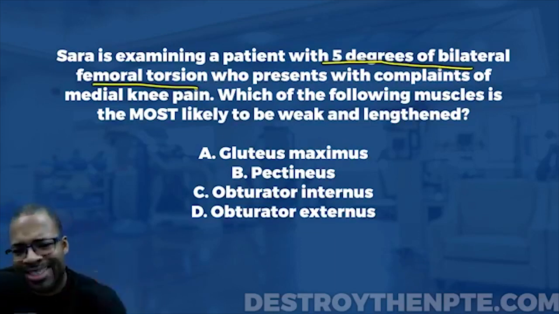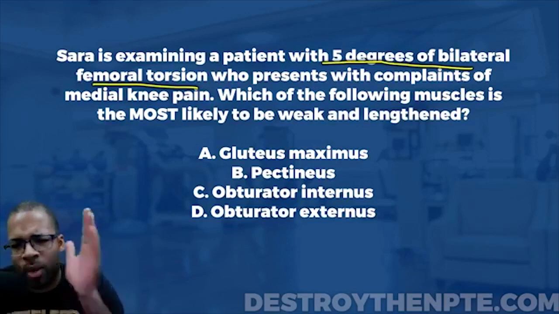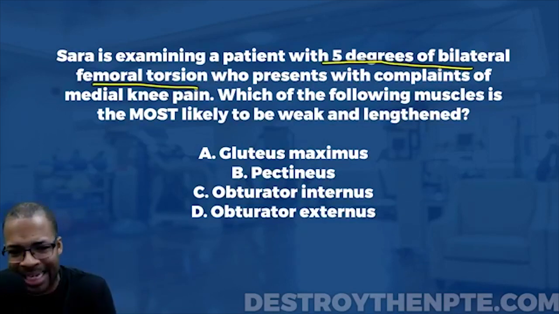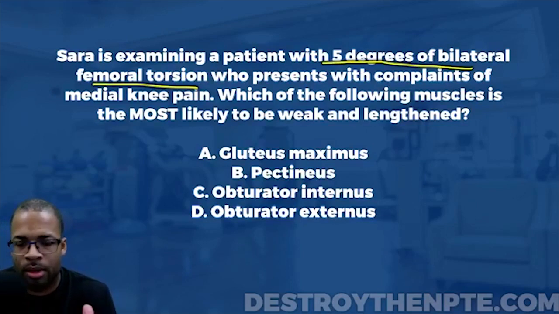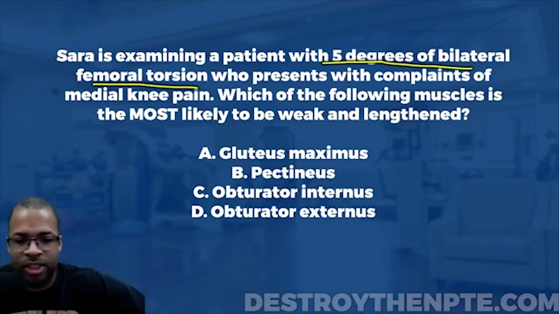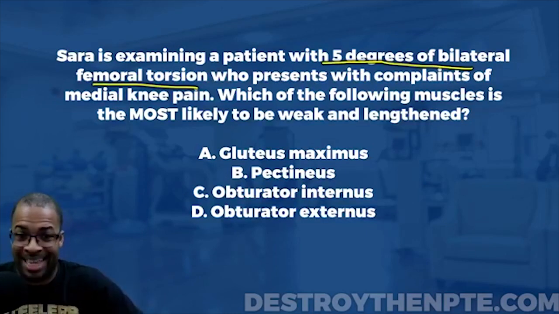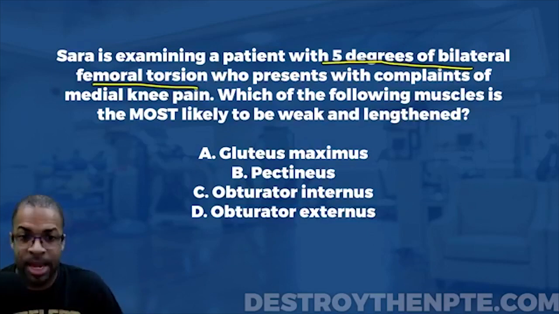The question stem here says, which of the following muscles is the most likely to be weak and lengthened? This is important. But we have the keys to the city right now. We actually know quite a bit because we know that our patient is retroverted. We know the patient has excessive external rotation and limited internal rotation.